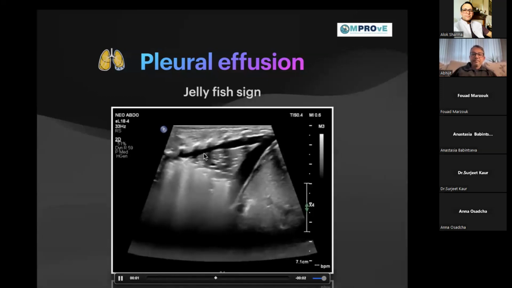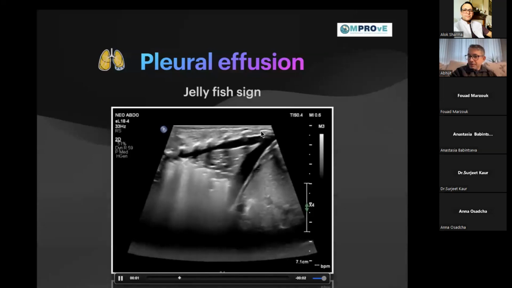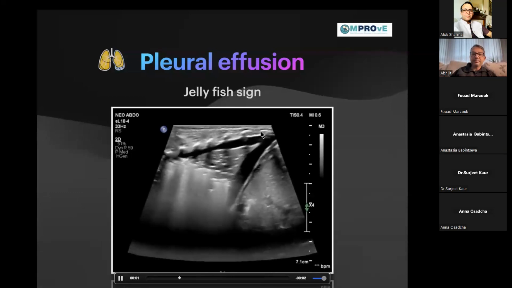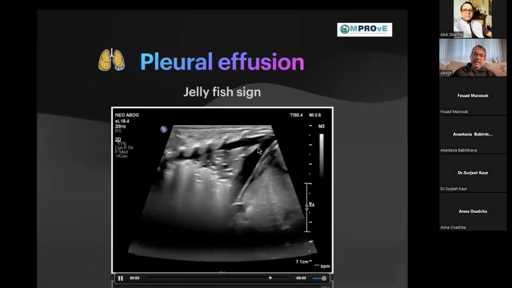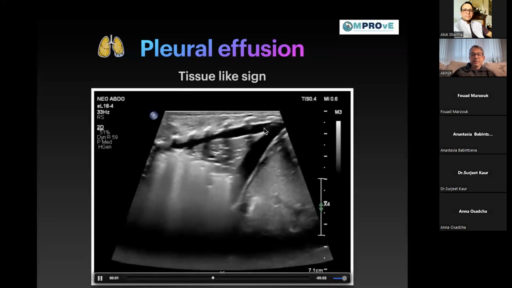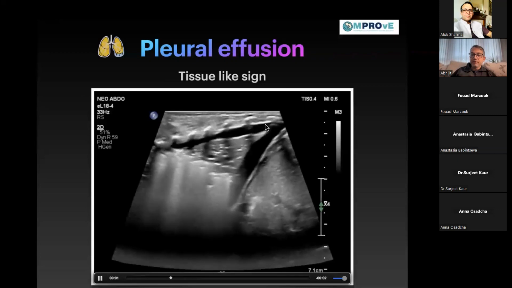Just cover the rest of it with your hand on your screen and you will see what I mean. If you cover it with your hand, you will only see the tip wobbling about on that particular segment. So that's a jellyfish sign. And as you can see, it is moving in and out towards the parietal pleura.